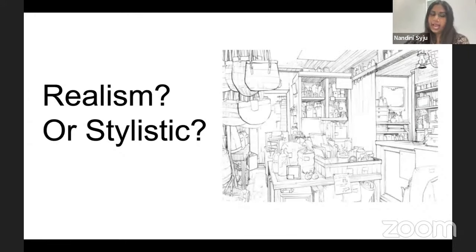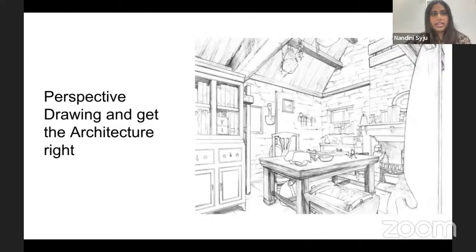So let's see how. All right, another thing is that people get scared when there's a lot of detail and there's perspective involved, right? And most of the students out there are so fixated on getting the perspective lines right.